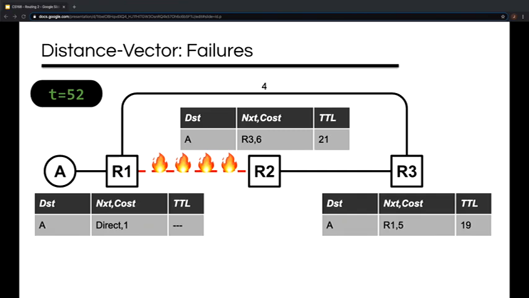So I think what you're getting at is, why don't you synchronize the TTLs between the routers? Yeah, I think we'd have to talk about this in more depth, but I think you're onto something. This is certainly not the most efficient algorithm, and some of that comes just from having desynchronized clocks.